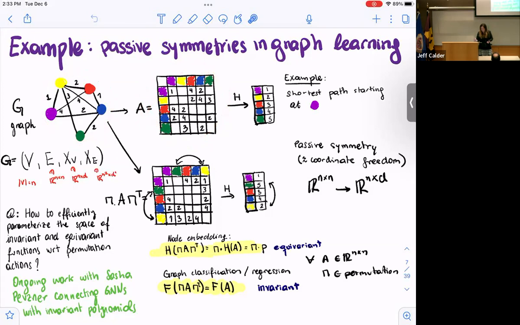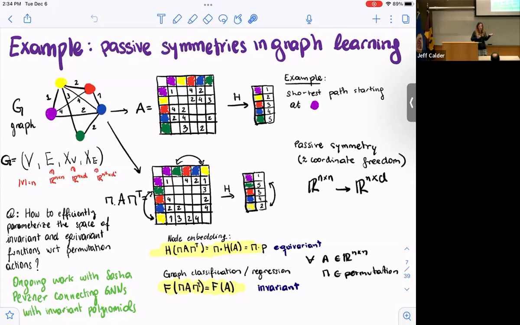So the functions that I want to learn on this graph, written as functions of the matrices, need to be invariant with respect to this action by permutations, or by conjugation, or equivariant if I'm learning, for instance, an embedding of each of the nodes in dimension D. I can think of two tasks: graph classification or node embedding. And so the question is, how can we efficiently parameterize the space of functions that satisfies this property, the invariance or equivariance?